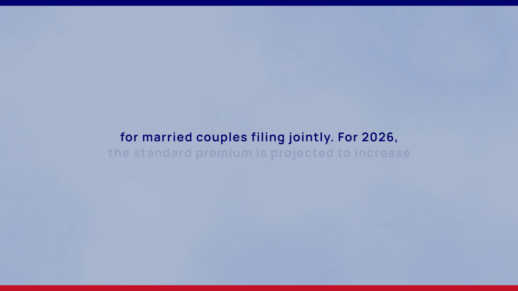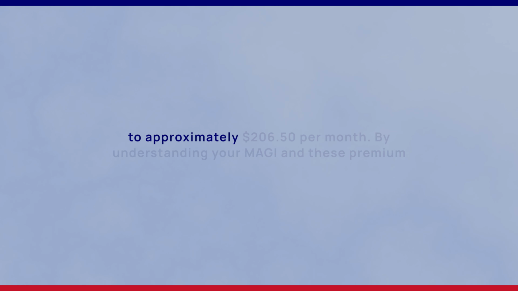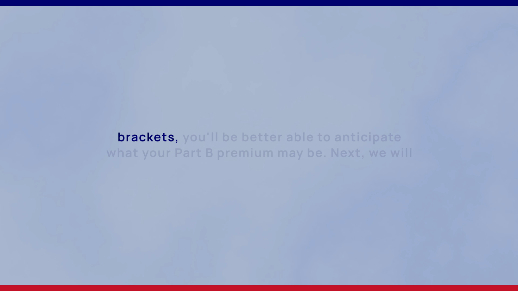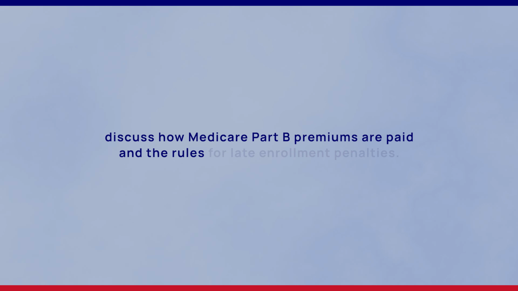For 2026, the standard premium is projected to increase to approximately $206.50 per month. By understanding your MAGI and these premium brackets, you'll be better able to anticipate what your Part B premium may be.